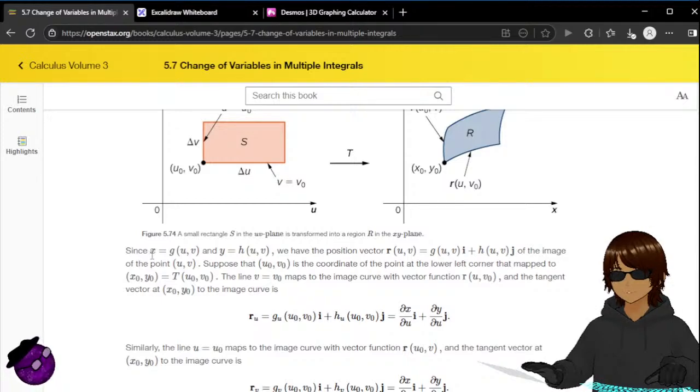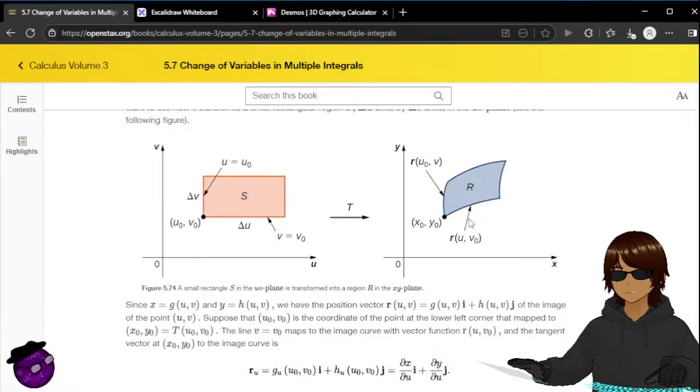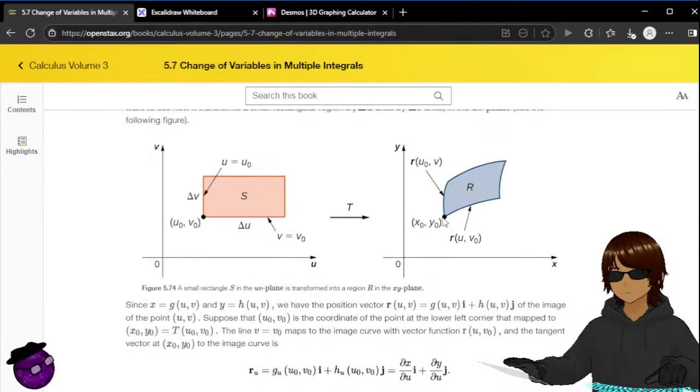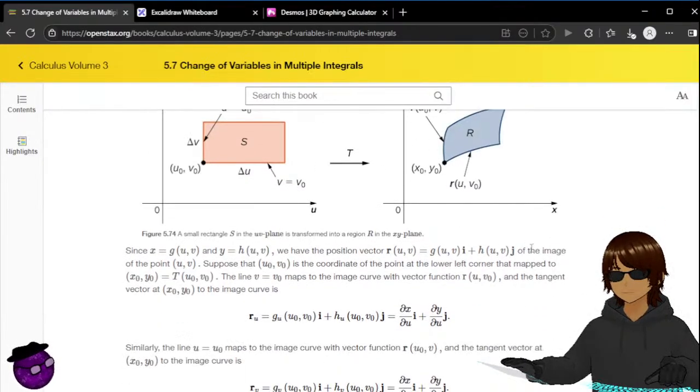Since x is this and y is this, we have the position vector r(u, v) = g(u, v) i + h(u, v) j of the image of the point (u, v).